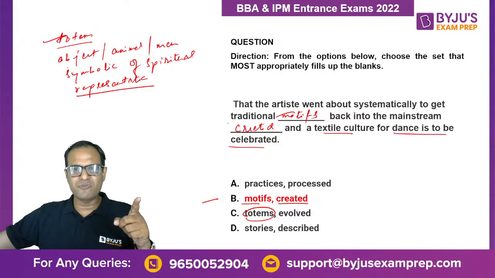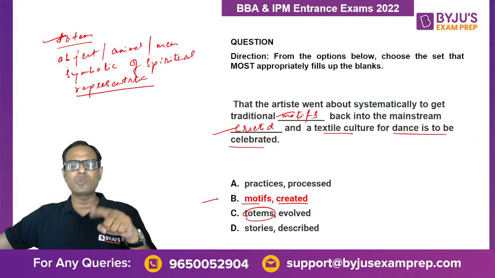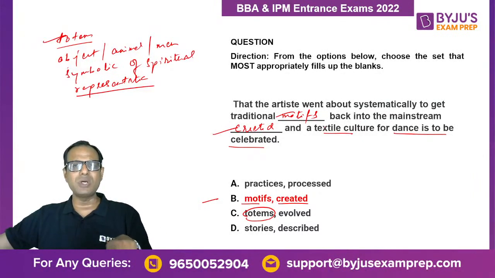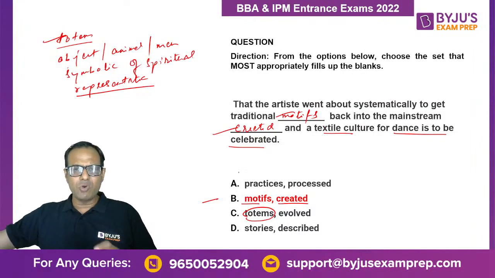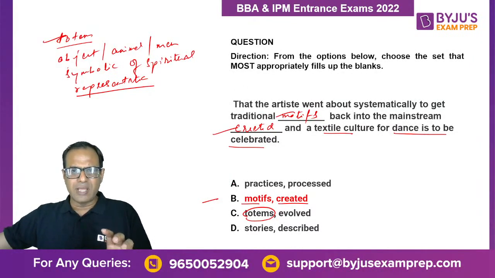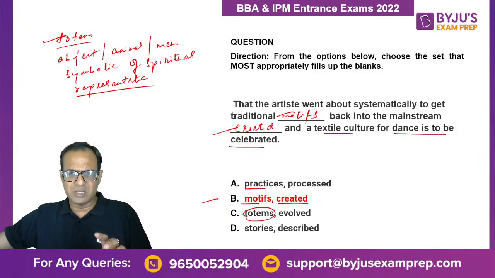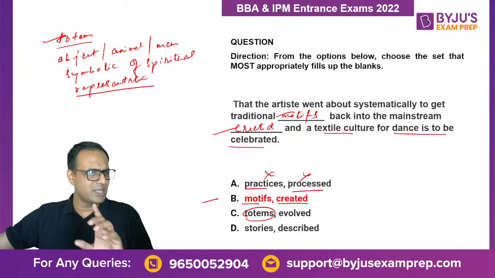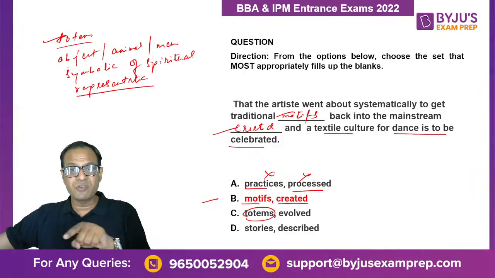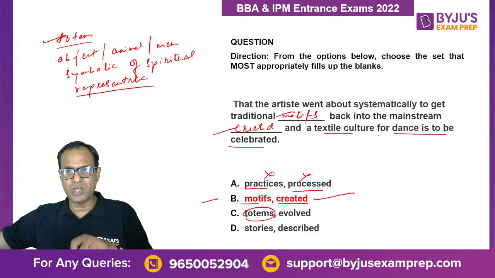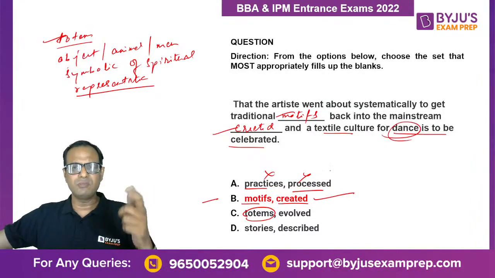Back into the mainstream, created. You need to create those motifs and bring them back into the mainstream. If you look at the other options, that the artist went about systematically to get traditional practices processed doesn't make any sense over here. Motifs created, yes it does, because it's talking about dance, which is an art form.